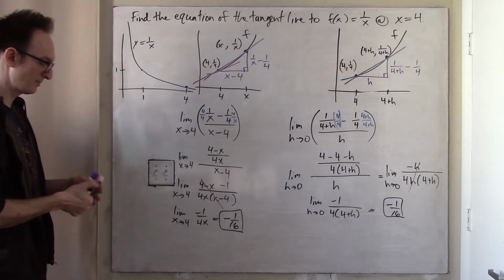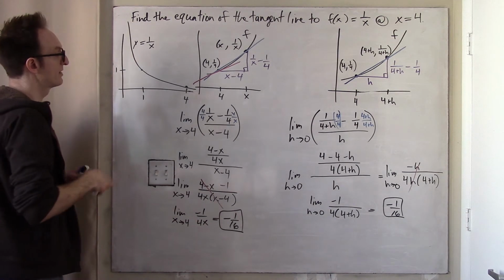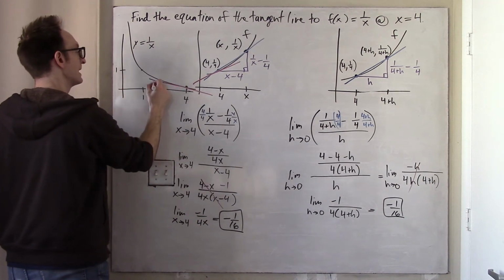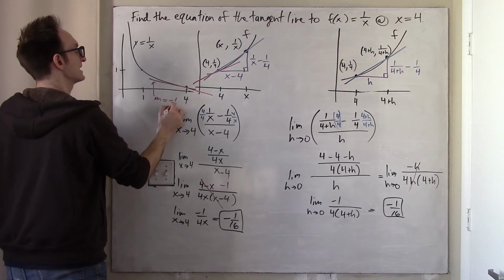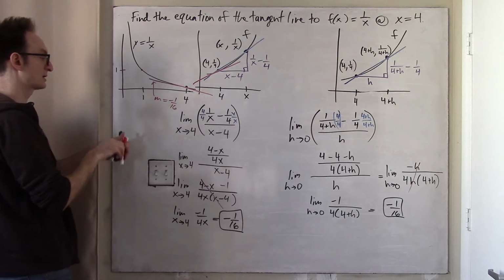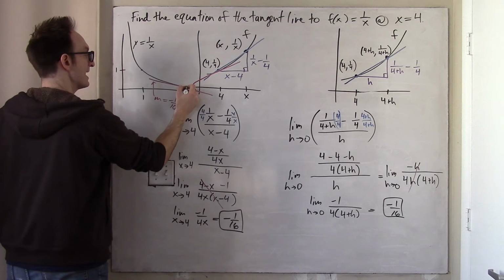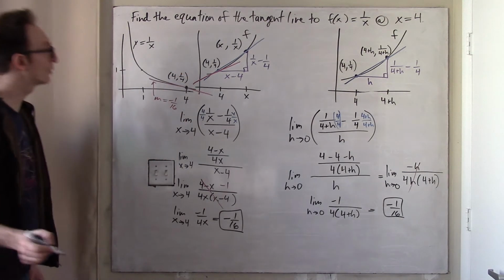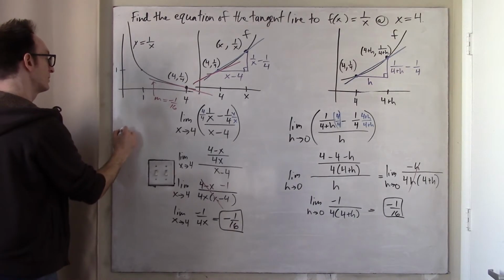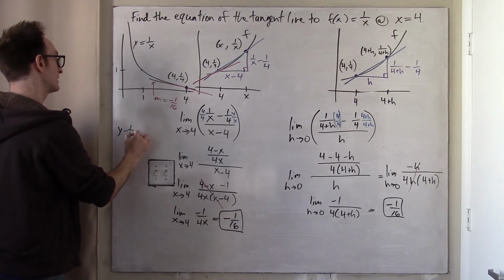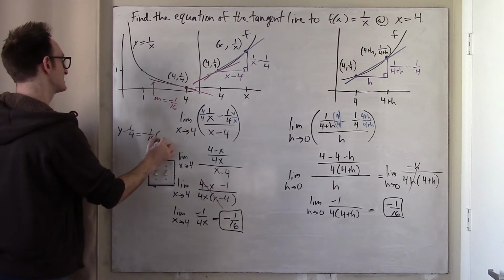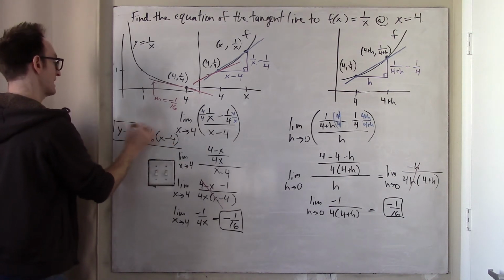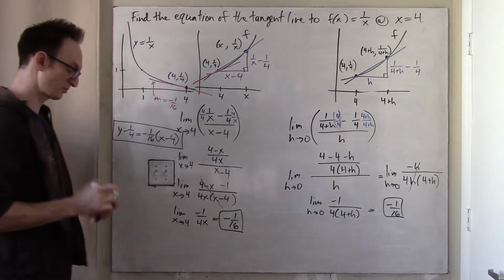And yeah, it seems pretty reasonable that the slope of the tangent line here would be -1/16. That looks about right to me. And this point is (4, 1/4). So therefore the equation of the tangent line would be y minus 1/4 equals -1/16 times (x minus 4), which is the actual answer to this problem.